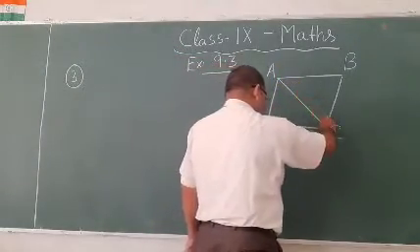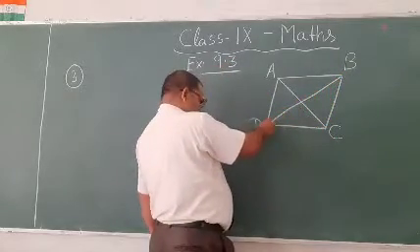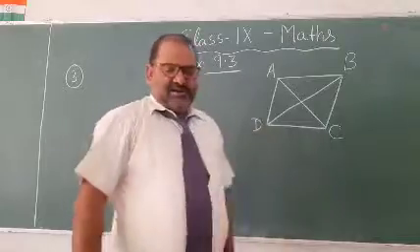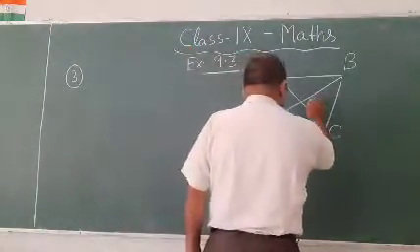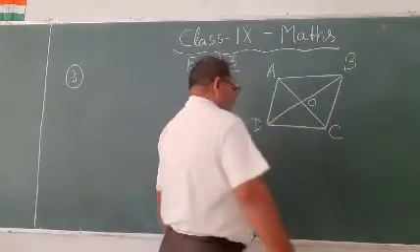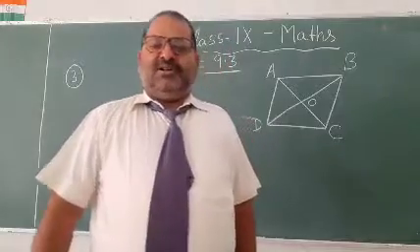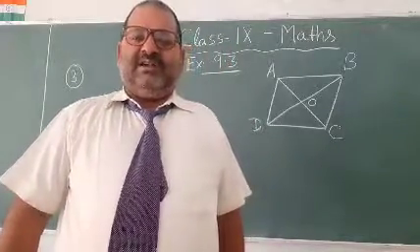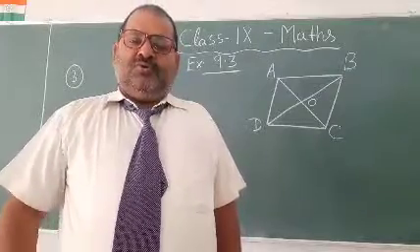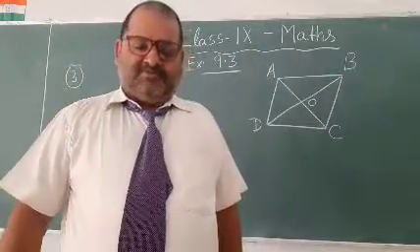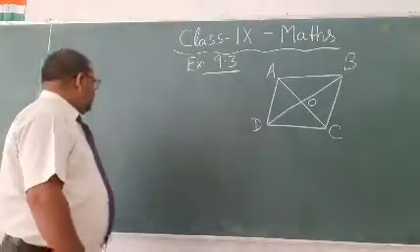AC and BD are the diagonals of the parallelogram. The diagonals intersect at the point O. O is the midpoint of AC and BD.